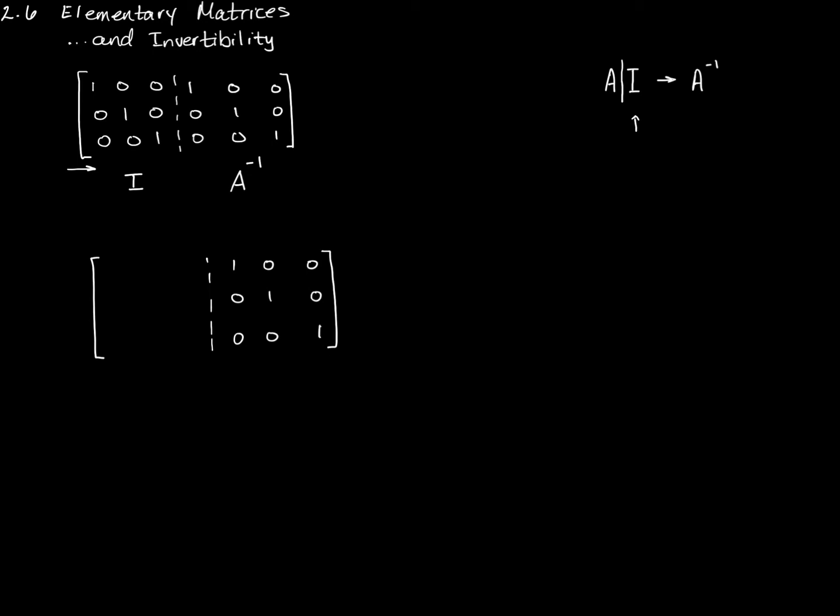And the result, once I push through those elementary row operations, actually I'm going to call this one B. B concatenated with I gives B inverse. If I can't do the row operations, or if I end up with a row of all zeros, then we say that B does not have an inverse. But what we're trying to show here is that an elementary matrix does have an inverse.